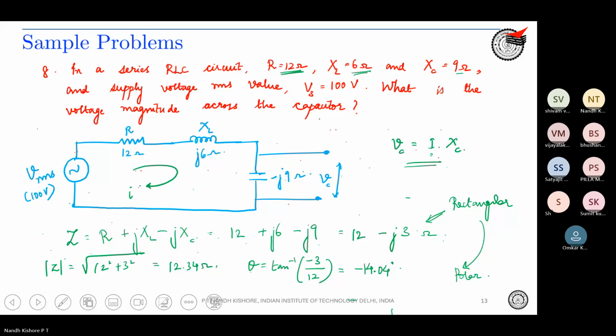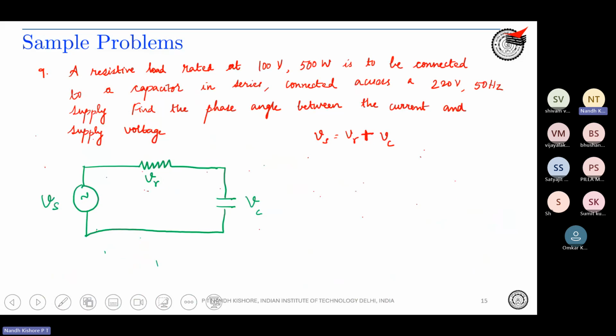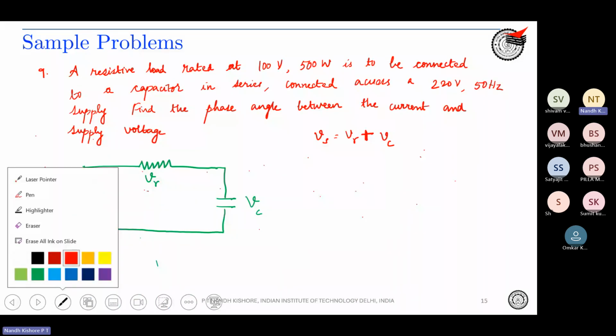With this analogy, can you tell Vs is equal to VR plus VC? Can I write directly, or do I need to have something else?